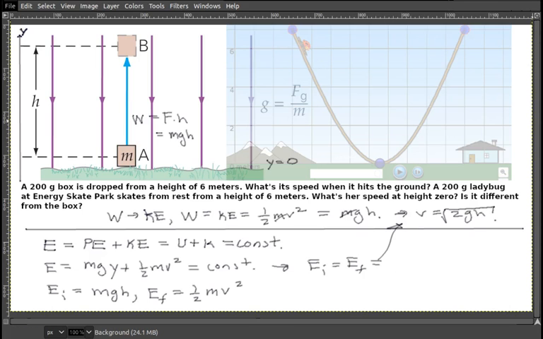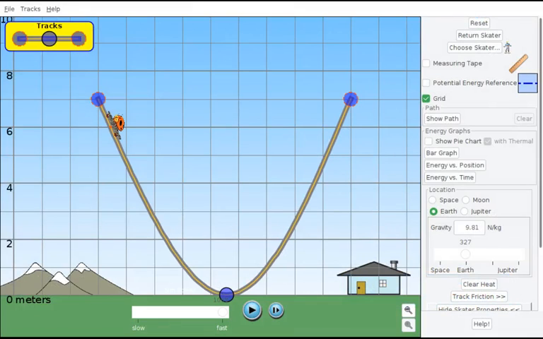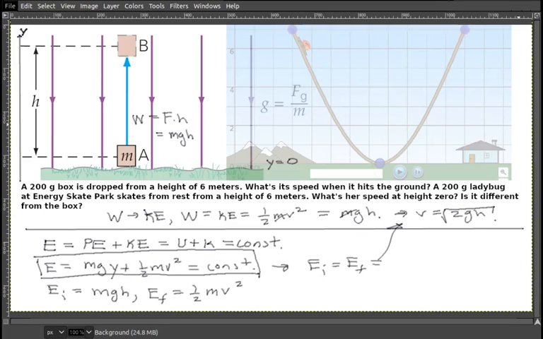Now, what about the ladybug situation? There she goes, zip, zip, zip. She started from a height of 6 meters. Remember, this is a completely frictionless system. So she has the same energy at the bottom here, no matter how she gets down there. In other words, the ladybug's energy is given by the energy is equal to a constant equation.